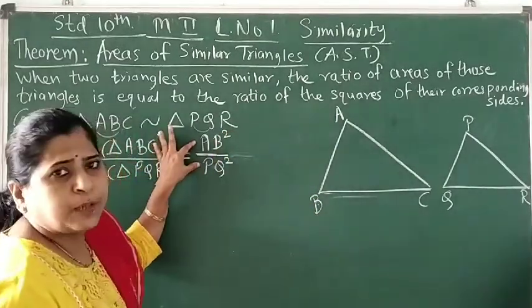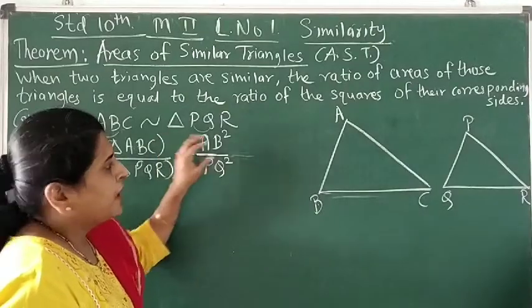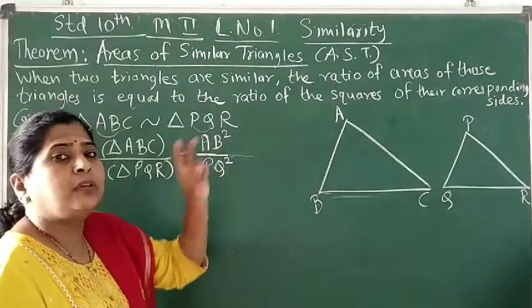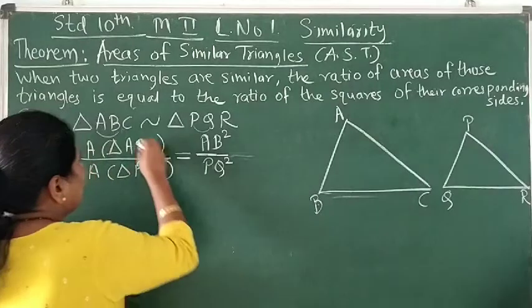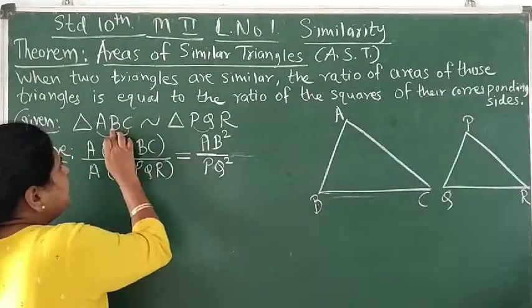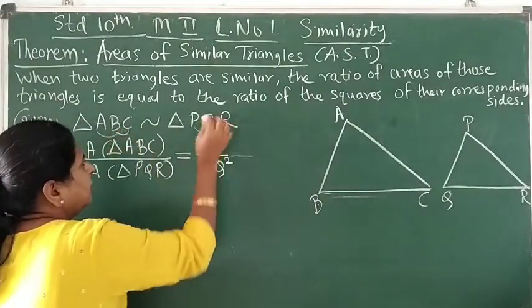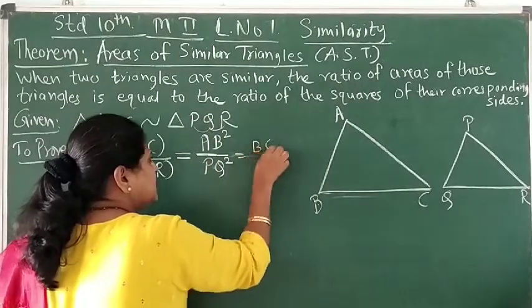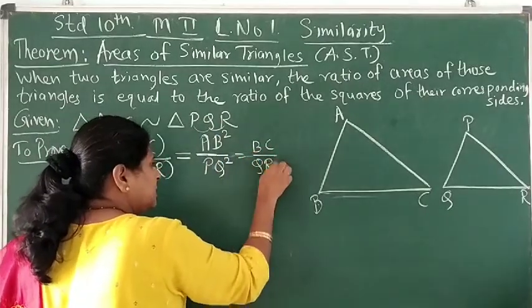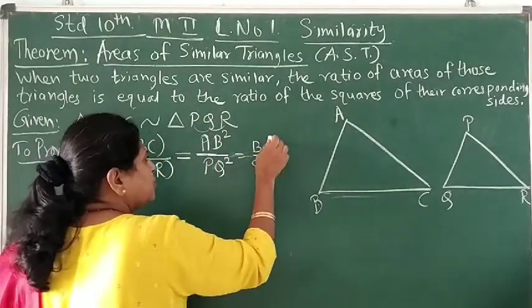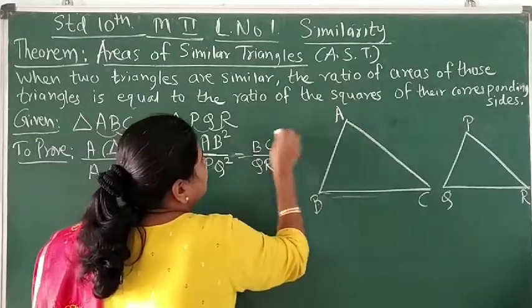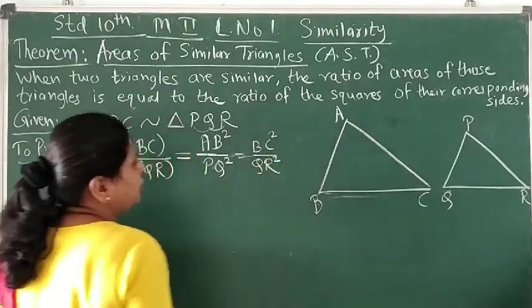But is it only this one pair of corresponding sides? No. As we have three sides, we have three pairs of corresponding sides. What is the corresponding side with BC? BC is the second and third letter, here it is QR. So this is BC upon QR, and we want the ratio of their squares: BC square upon QR square.